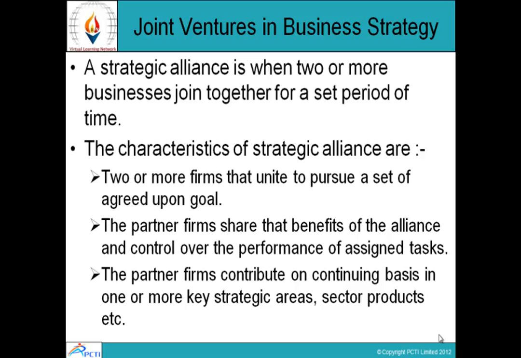All the partner firms share the benefit of the alliance and they all have control over the assigned task. Now all the partner firms contribute on a continuing basis. It's not that they contribute at one point in time and then become sleeping partners. No, their contribution is on a continuing basis in one or more key strategic areas or service sector products.